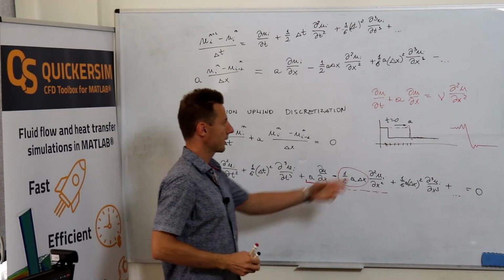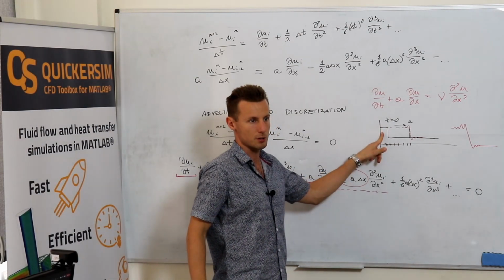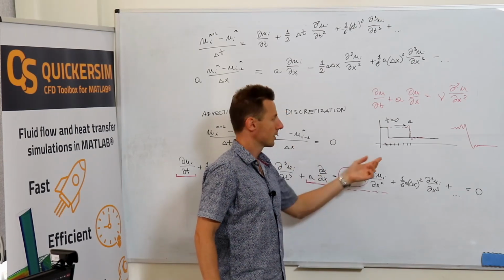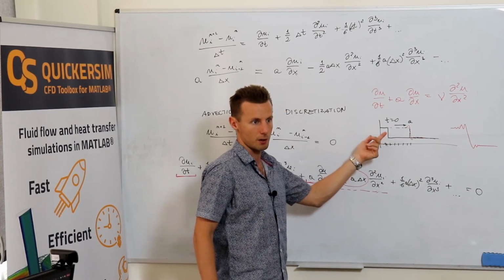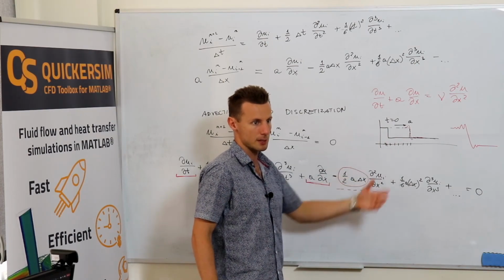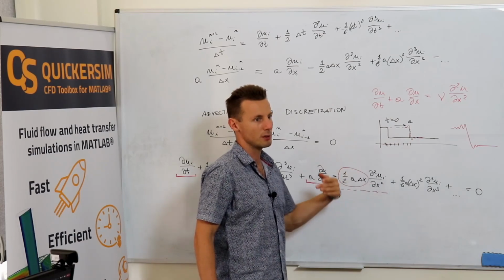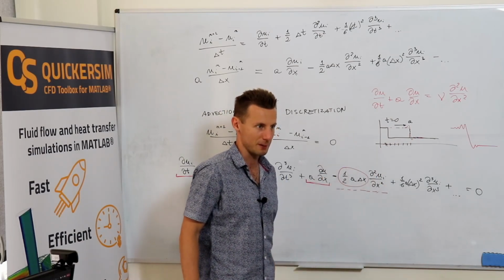Because you can represent your initial condition by some Fourier series that is composed of modes with different frequencies. And it turns out that most numerical schemes transport different frequencies with different speeds.